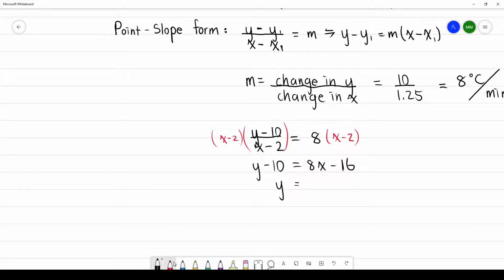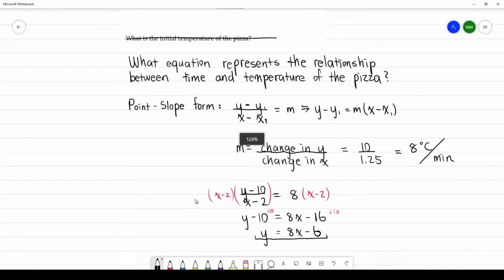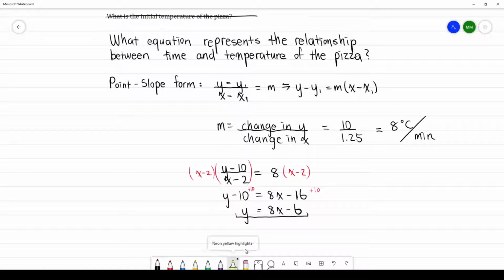So if I add 10 on both sides, y equals 8x minus 6. That will be our equation. The y-intercept is therefore negative 6.